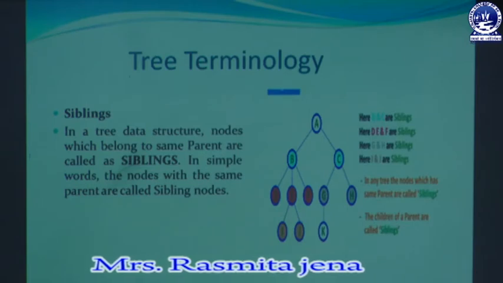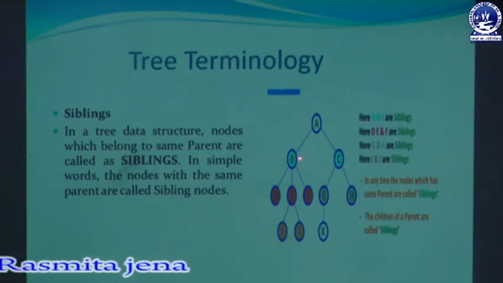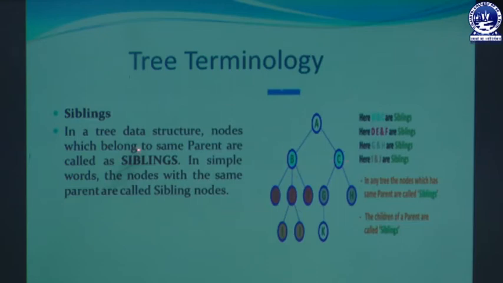Sibling nodes are two nodes belonging to the same parent node. In a tree data structure, the nodes which belong to the same parent are called siblings.